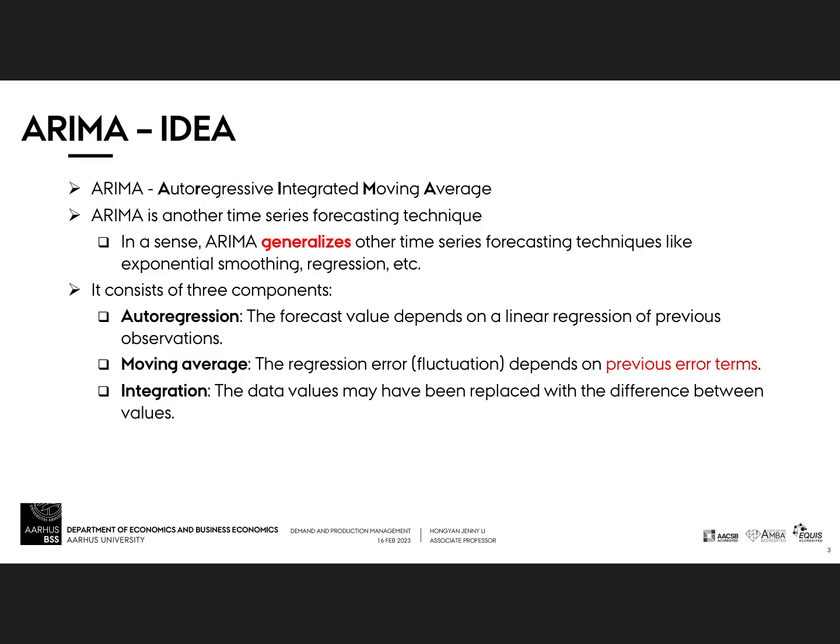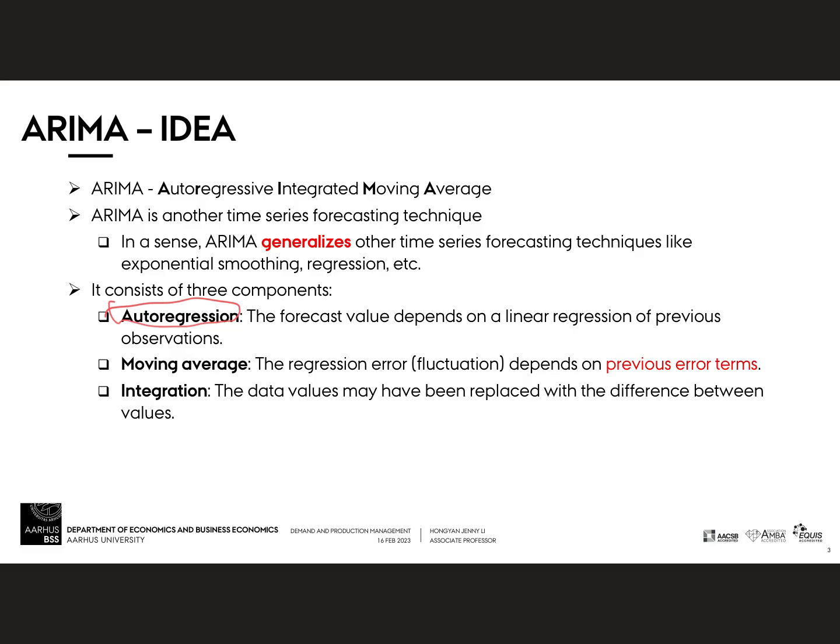As we said, the idea of ARIMA is to consider the autoregressive part of your forecast, and also we add an extra moving average from your forecasting errors. So in general, ARIMA means 3 parts. The first part is the autoregression part.